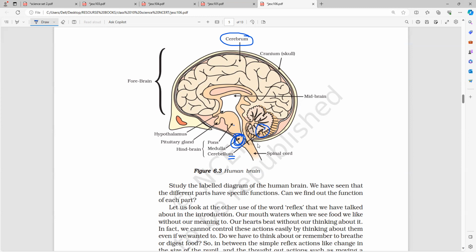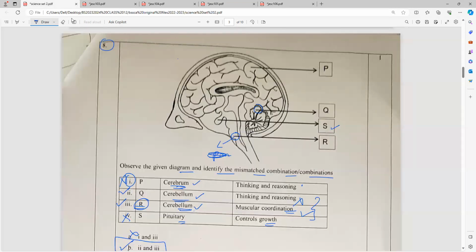These all are under the control of medulla. So please learn that, everybody. Even vomiting and saliva, many times they have asked. Based upon the brain, definitely you will have a question in our board exam. So you need to know everything without any confusion. Each part, what is the importance, everybody write it.